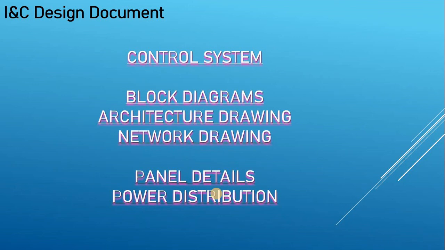Control system deliverables: you have a lot of them, starting with panel details, power distribution, communication between the devices, architecture drawings, network drawings and block diagrams. Most of the time those come from the DCS vendor, if you have one.